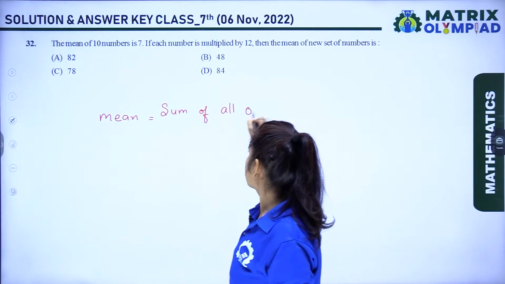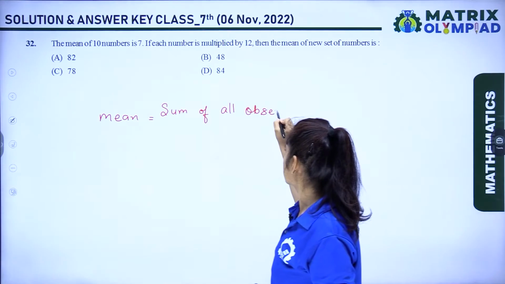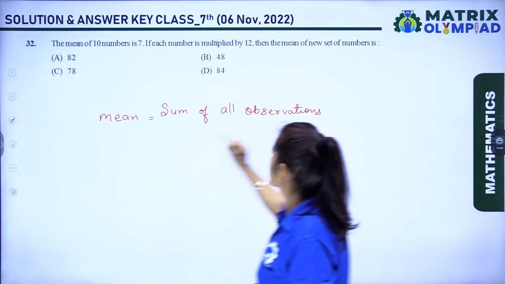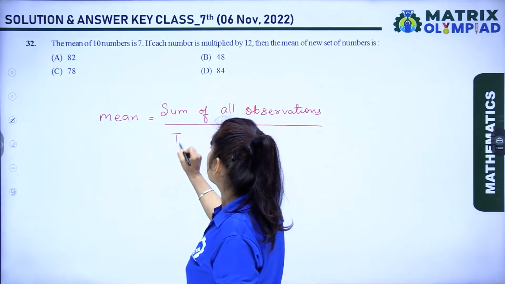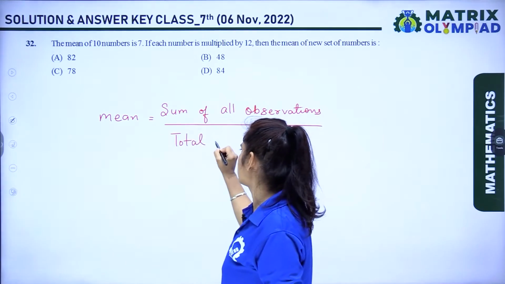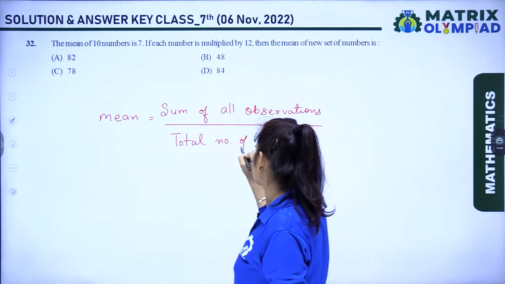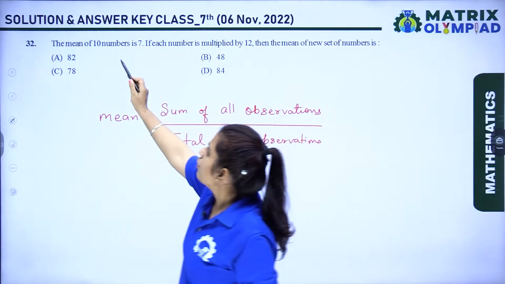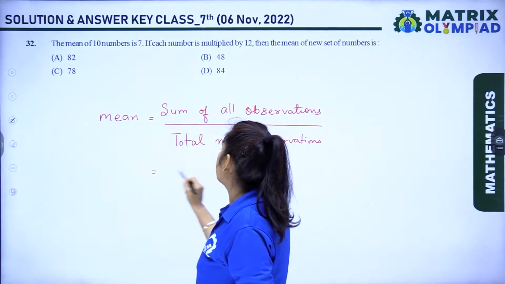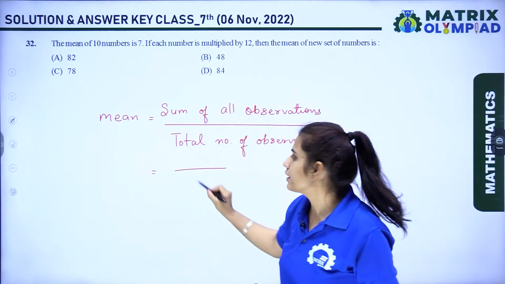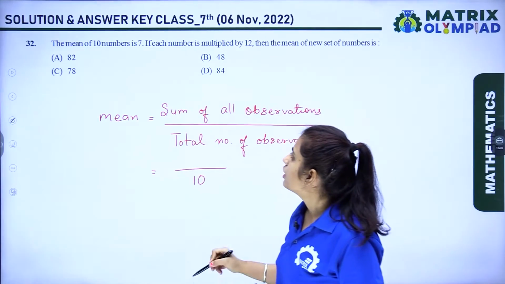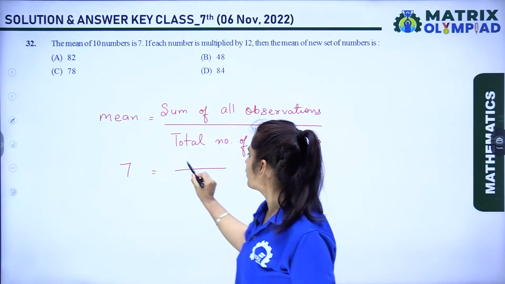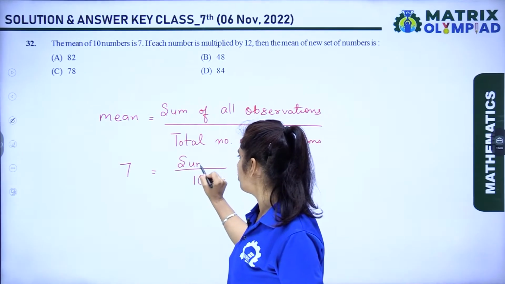Mean is the sum of all observations upon total number of observations. So here, the mean of 10 numbers, it means the total number of observations is 10, and the mean is 7.